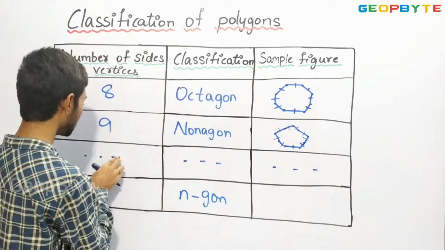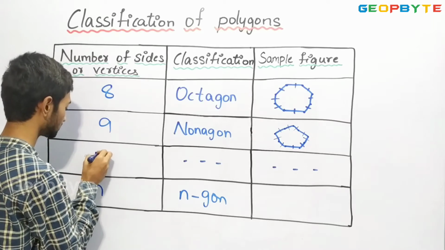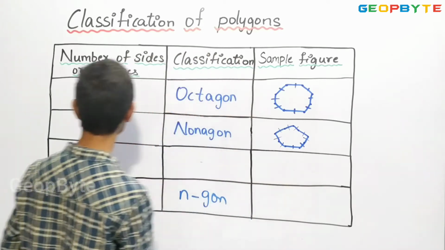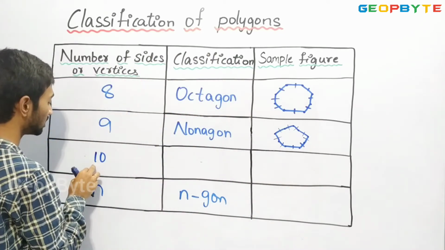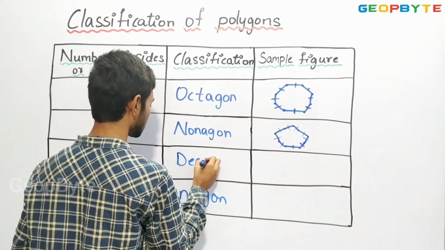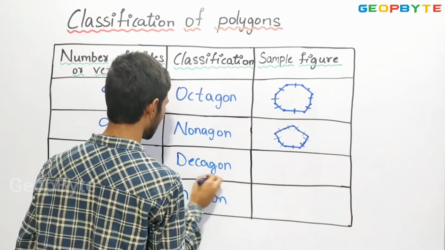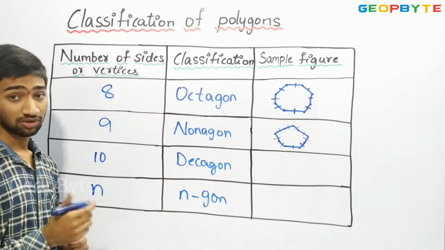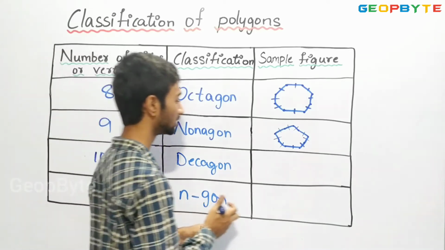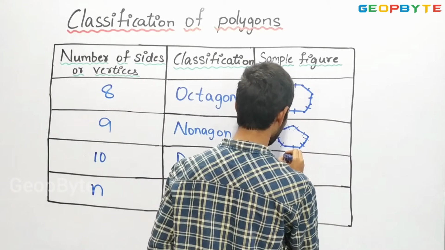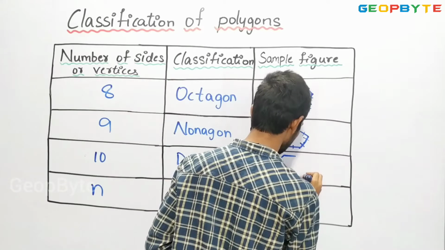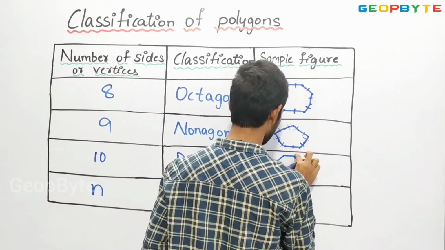Now next, let us see for 10. The polygon having 10 sides is known as a decagon. A polygon which is made of 10 sides or vertices is known as a decagon, and it can be shown here.